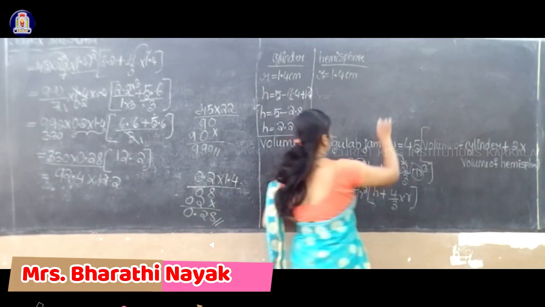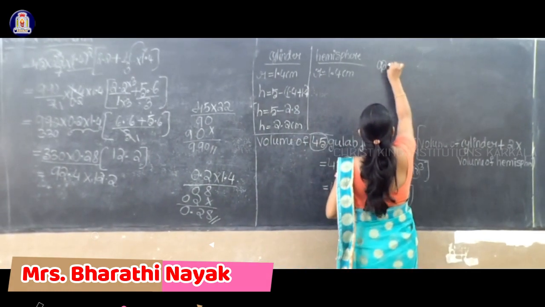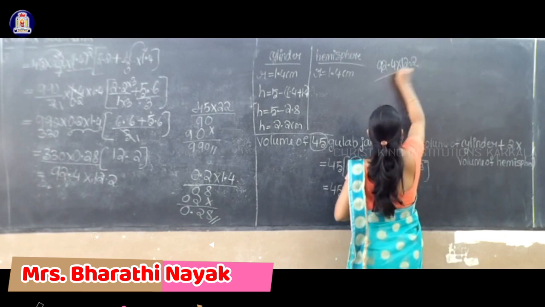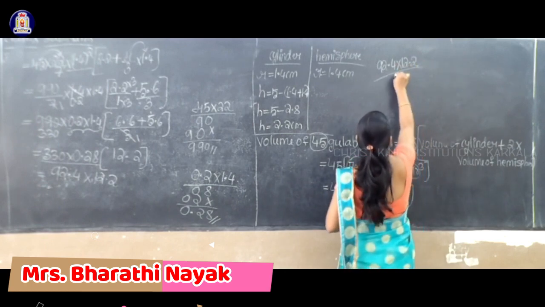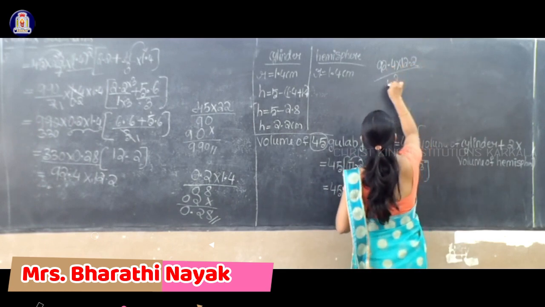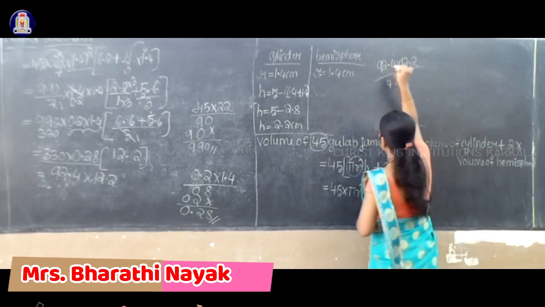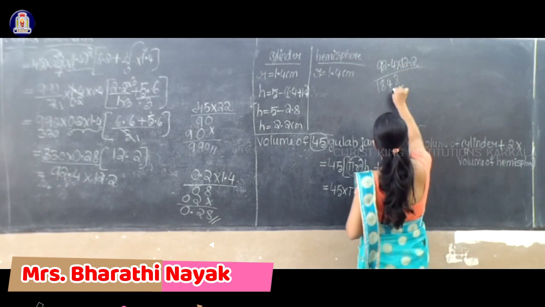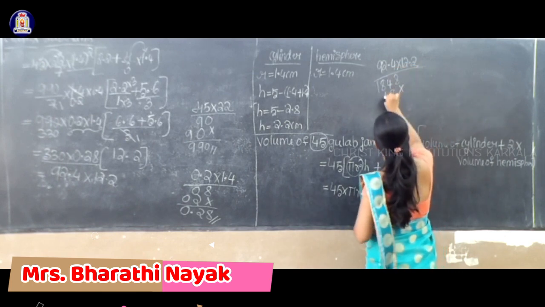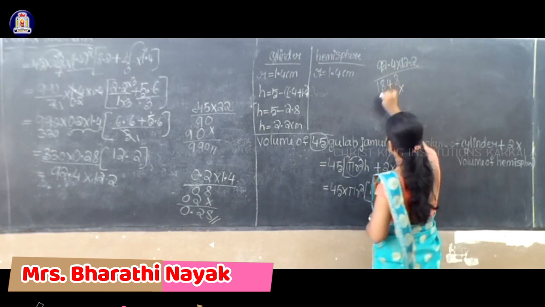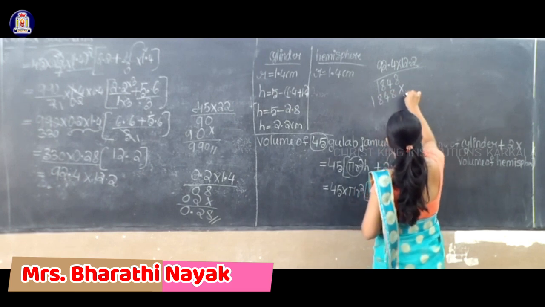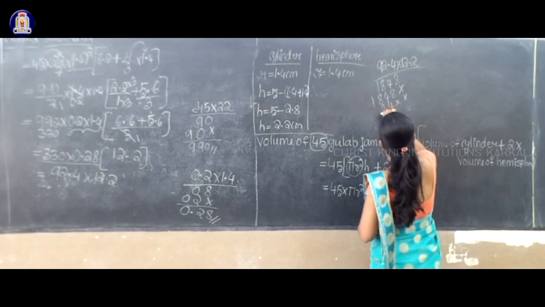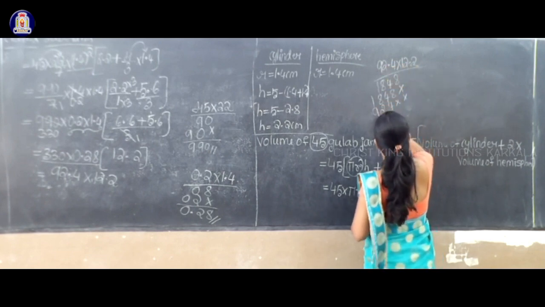Okay, so now I multiply 92.4 into 12.2. Okay, 2 4s are 8, 2 2s are 4, 2 9s are 18. Next 1 4s are 4, 1 2s are 2, 1 9s are 9.